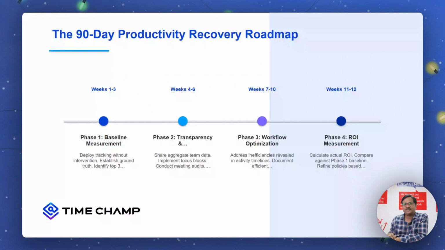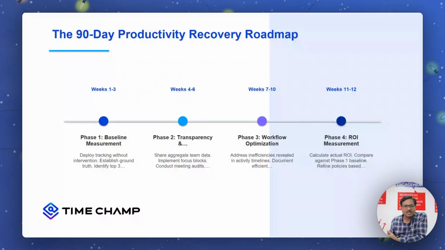Here is the reality: reducing unproductive hours is not a switch you flip. It's a phased transformation that requires measurement before intervention, transparency before enforcement, and data before decisions. Let me walk you through the 90-day roadmap that organizations are using to achieve a measurable reduction in wasted hours.